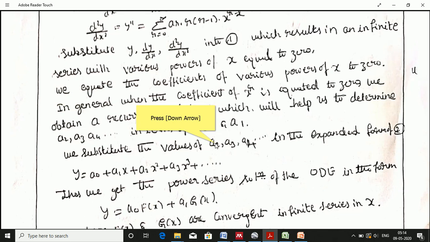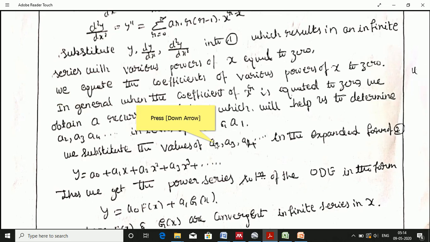In general, when the coefficient of x^r is equated to 0, we obtain a recurrence relation which will help us to determine a2, a3, a4, etc. in terms of a0 and a1.